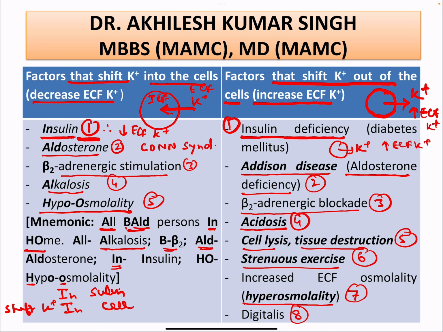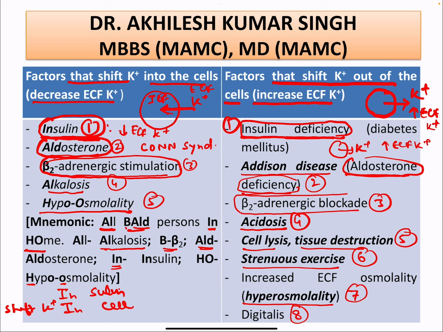So you can see here the insulin and insulin deficiency, aldosterone and aldosterone deficiency on the other side, beta adrenergic stimulation here and on this side the beta adrenergic blockade, here alkalosis and here the opposite of the alkalosis, acidosis, then here hyperosmolality, and this side is the hypoosmolality. So these are the various factors that shift potassium inside the cell and shift potassium out of the cell.